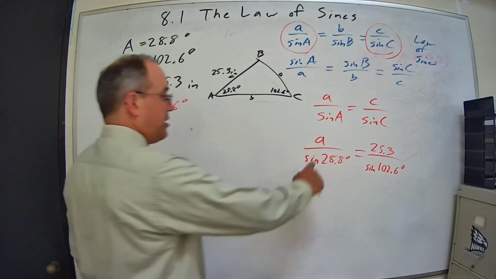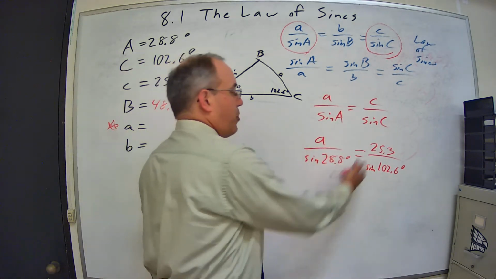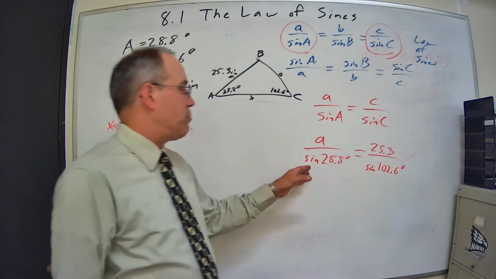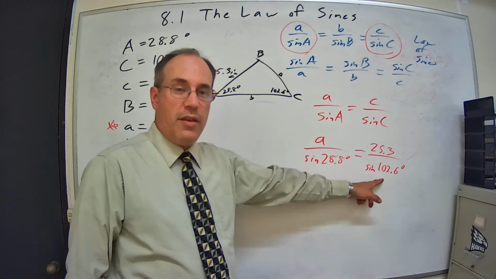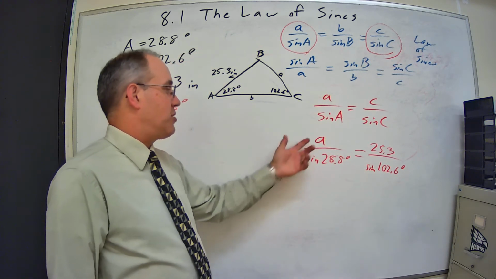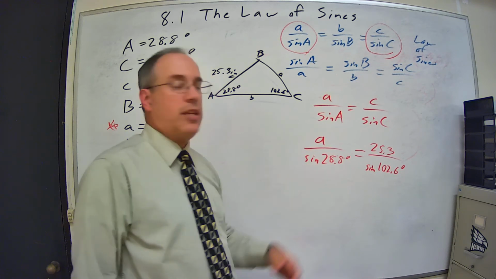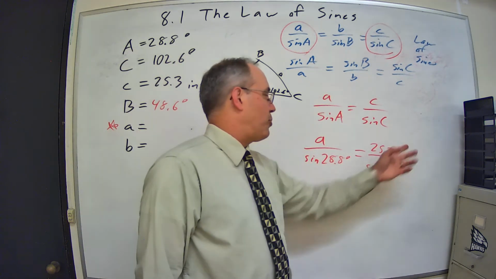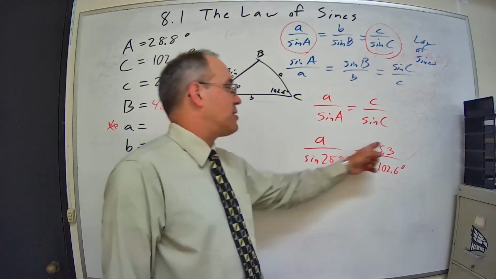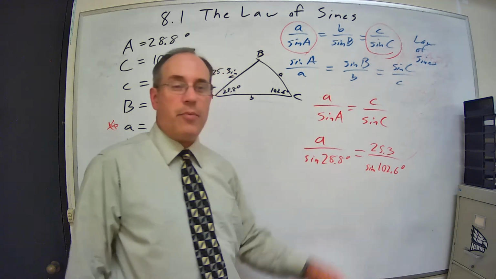So now I just need to solve for A, and the method I always use when I have a proportion is I just multiply the diagonal and divide by what's opposite. If you were to solve this out, you realize, well, if I want to get A by itself, I need to multiply both sides by the sine of 28.8 degrees, which means that's going to get multiplied over here, and you're going to end up multiplying this times this and dividing by that, which is multiplying the diagonal and dividing by what's opposite.